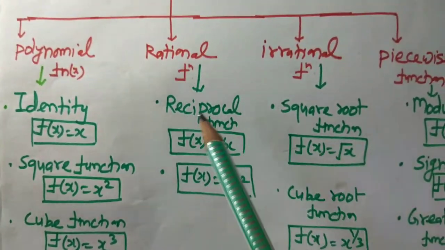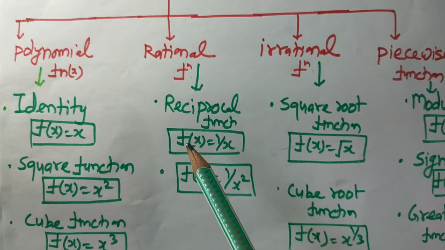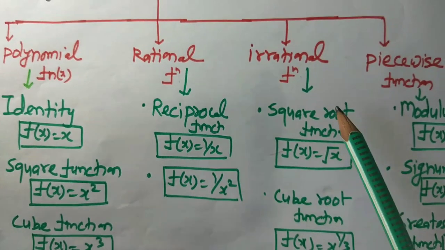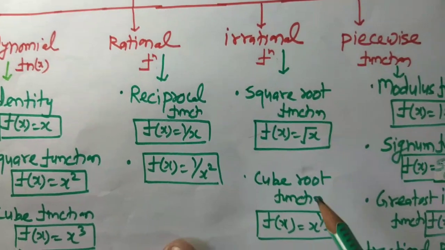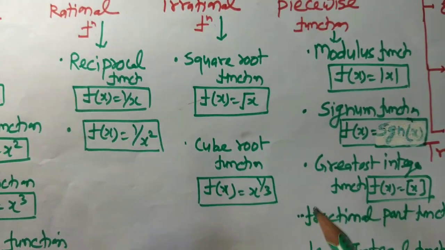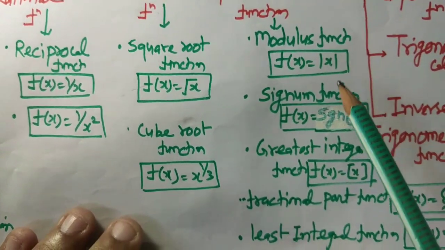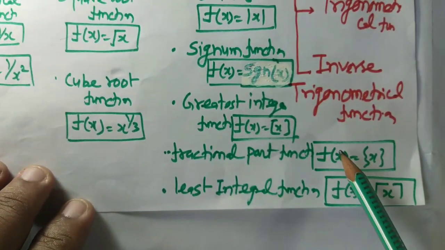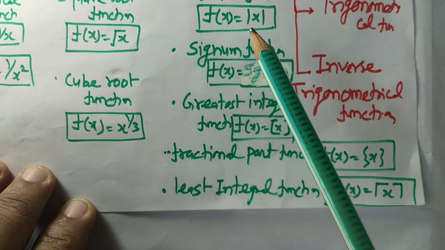Now the reciprocal function, which is rational, in two forms: f(x) = 1/x and f(x) = 1/x². Irrational functions, which are in the form of square root and cube root: f(x) = √x and f(x) = x^(1/3). And piecewise, these are very important functions: modulus function, signum function, greatest integer function, fractional part function, and least integer function. So these are the symbols of these functions.